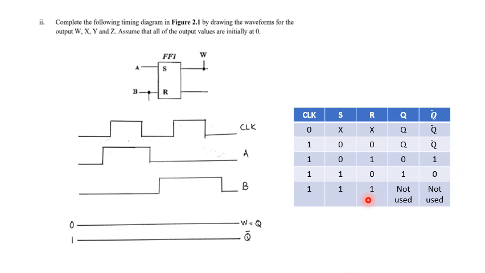If there is no clock, the answer will be 0. So our W here is 0. Then the connection below this one will be W bar. The W bar here will be 1 because W is 0.